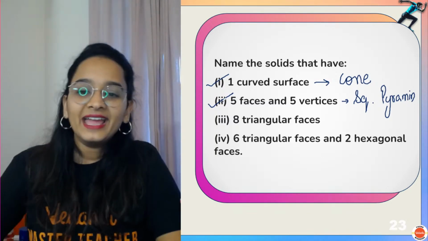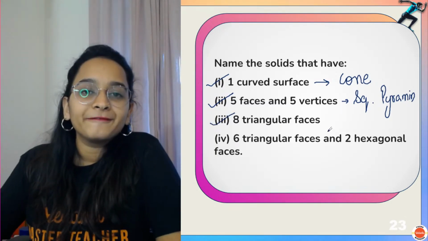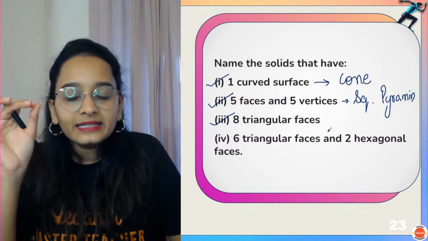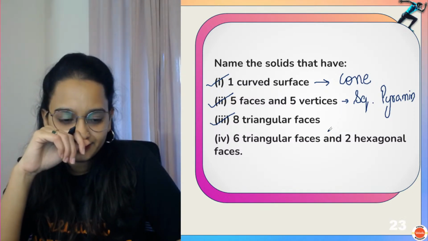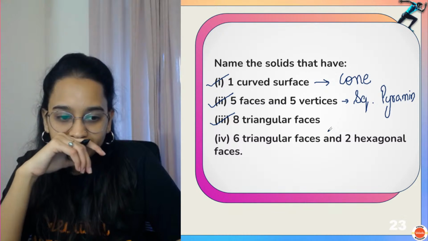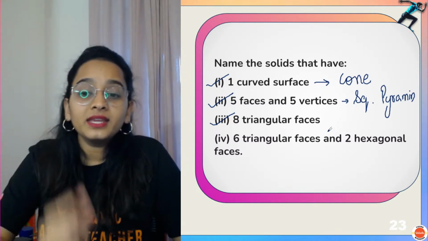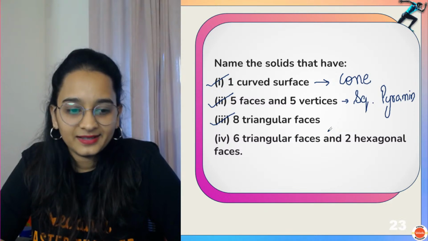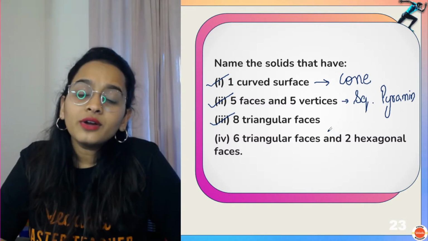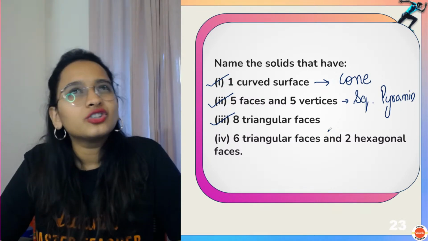Very good. 8 triangular faces. Can someone tell me an object with 8 triangular faces? Octahedron is not triangular.